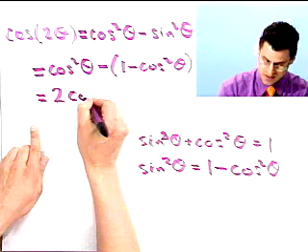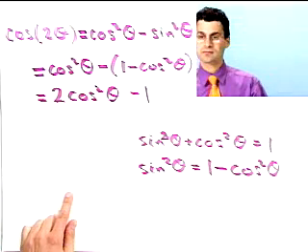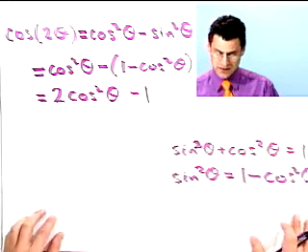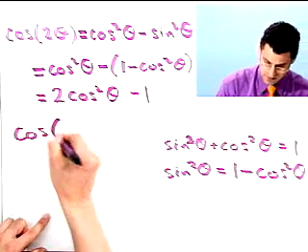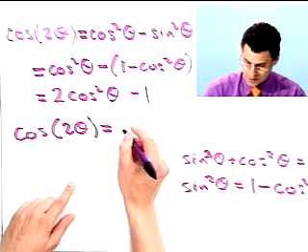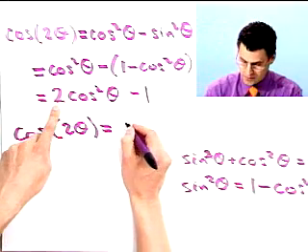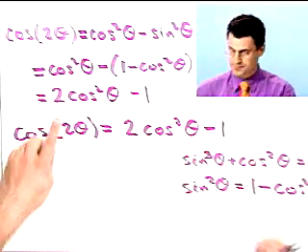So I see 2 cosine squared theta and then minus 1. So I see sort of a neat fact. What I see is that cosine 2 theta equals 2 cosine squared theta minus 1.